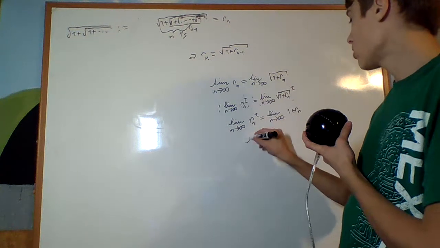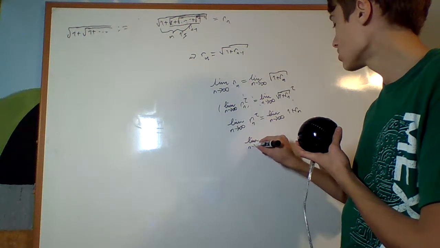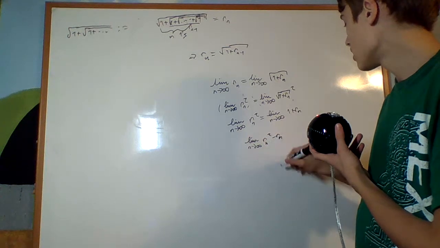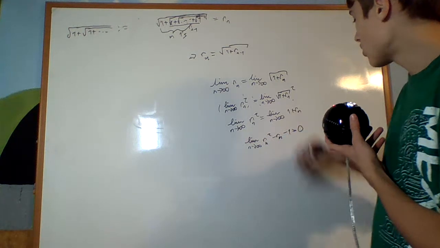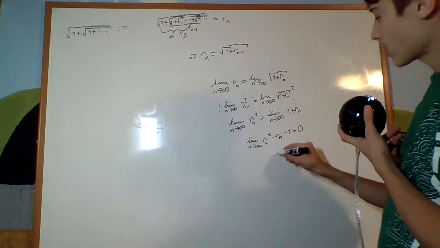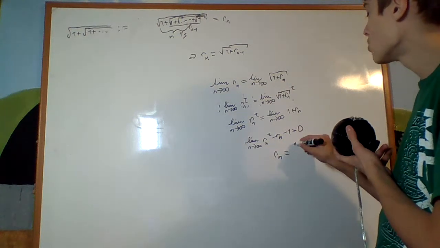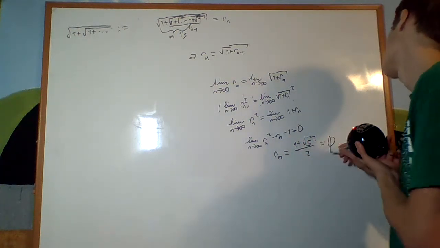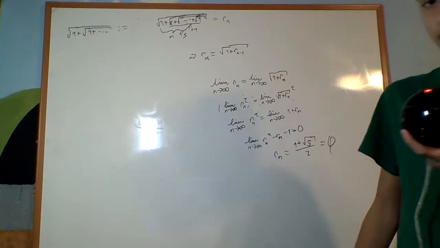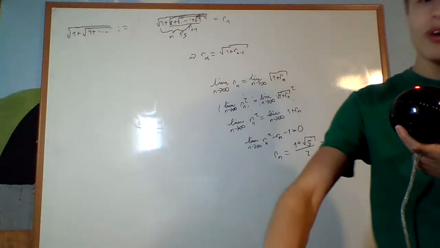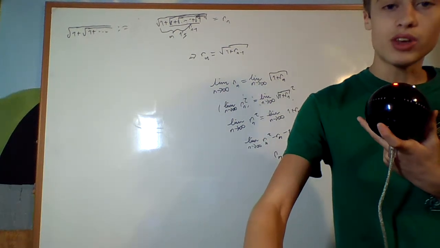Now we subtract it over, you get the limit as n goes to infinity of Rn squared minus Rn minus 1 equals 0, and then you can distribute the limit into it. But it's very clearly obvious that Rn is going to be 1 plus the square root of 5 over 2, which is phi. And so, using rigor, we've proven that all of these are, in fact, by definition, equivalent to phi, the golden ratio.